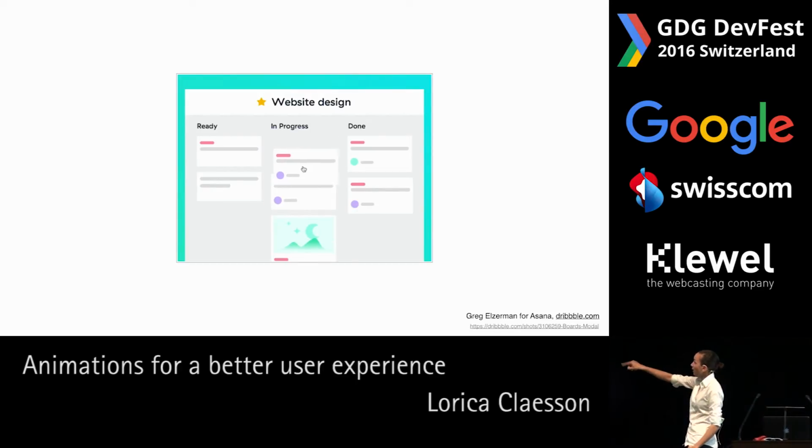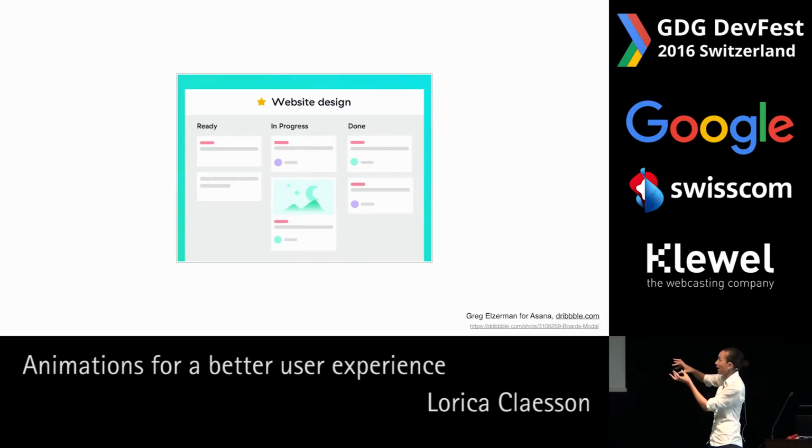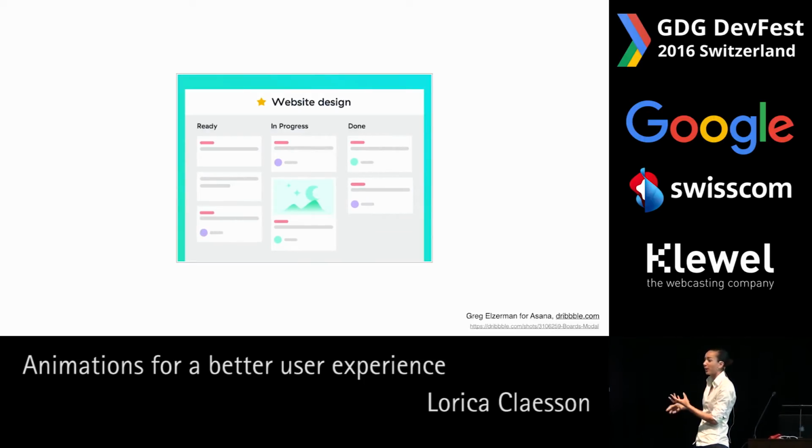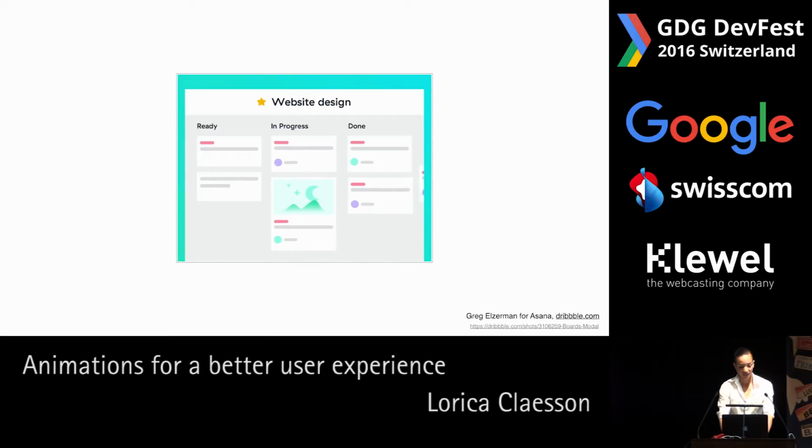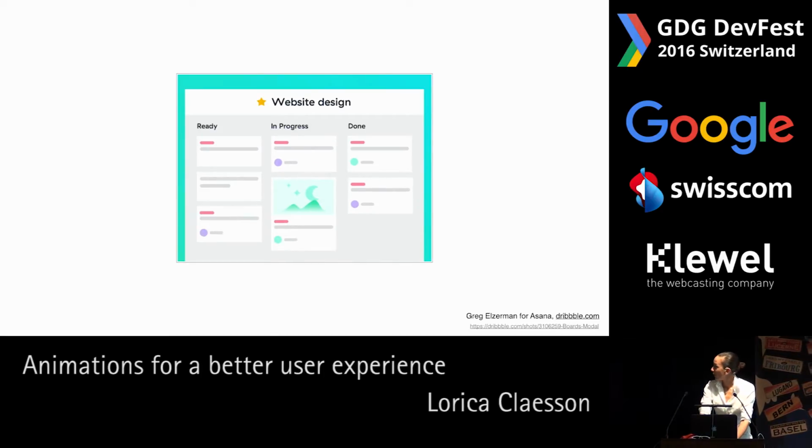So a card was created, he moves it into the list. You see how the other elements in the list react to this movement. So, yeah, these animations here make it clear to the user what is really going on.